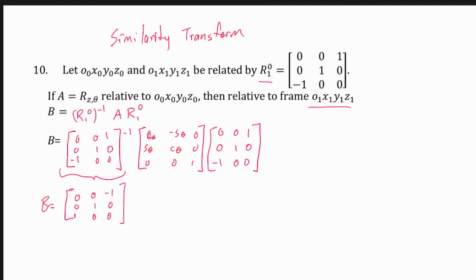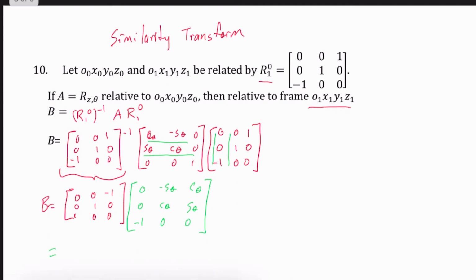And then let's do our multiplication here. And so we've got this term times here. So we get a 0, negative sine theta, and a cosine of theta. We're going to take this row and multiply that through, and we get a 0, and a cosine theta and a sine theta. And then this term comes through and we get a negative 1, and nothing else.